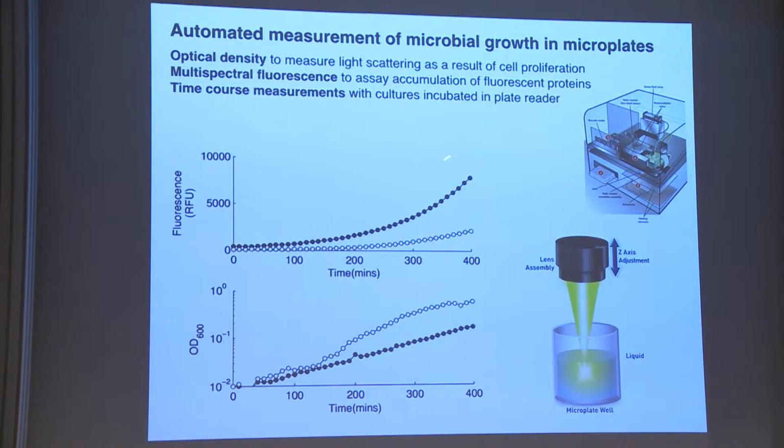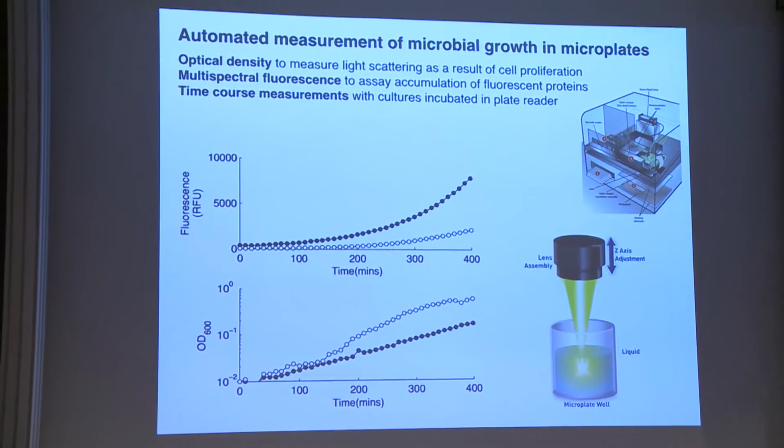You can get very accurate measurements of, for example, increase in fluorescence or increase in the optical density of the culture as the cells proliferate. The more cells there are, the more light scattering there is, the more the optical density goes up. So you can have multiple fluorescent proteins, for example, to measure two genes and the relationship between those genes and what they might be doing in a particular circuit as these cells are growing.